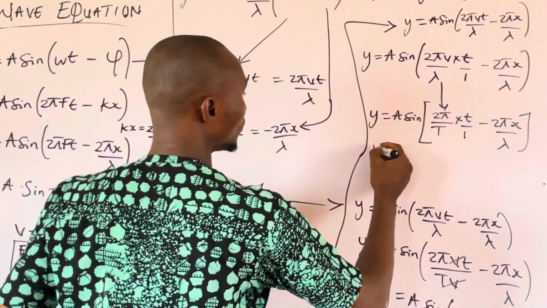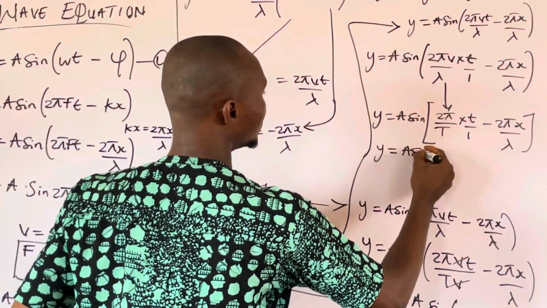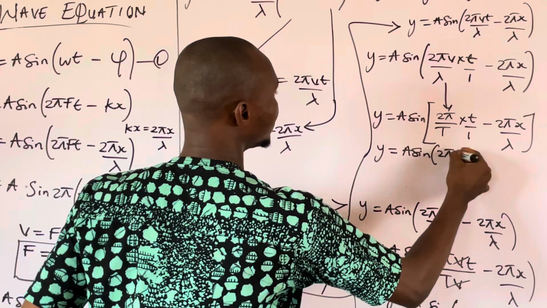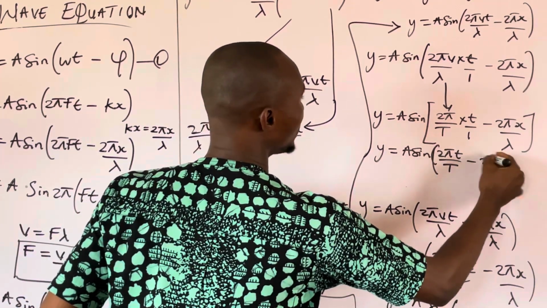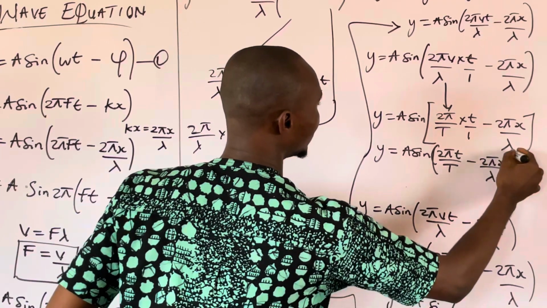Which gives y equal to a sine 2 pi t over capital letter T minus 2 pi x over lambda.